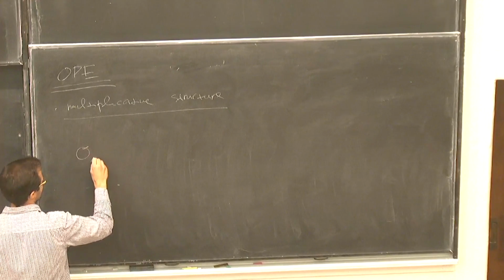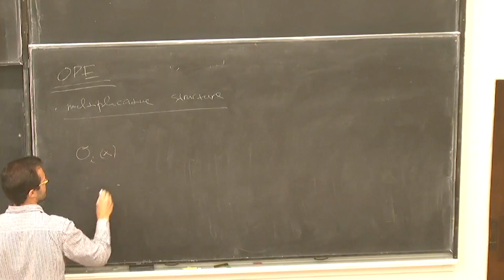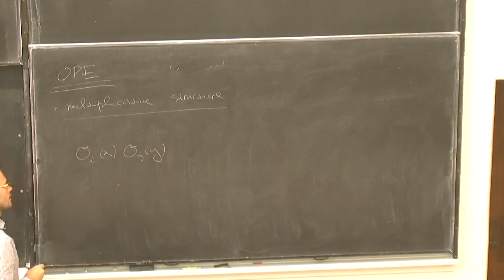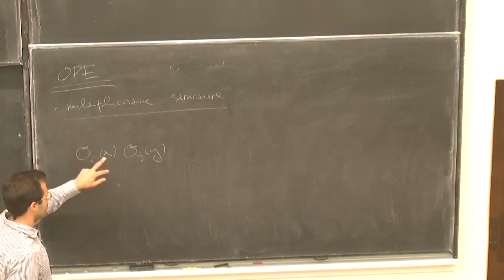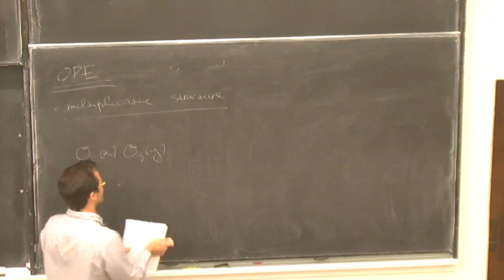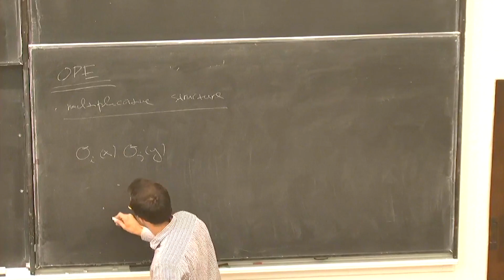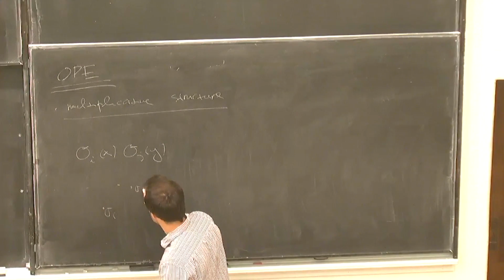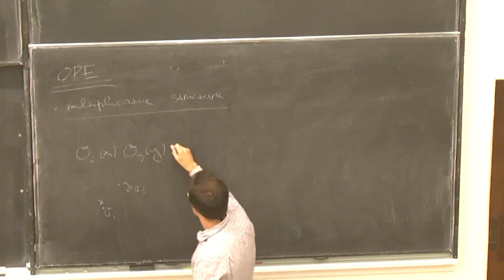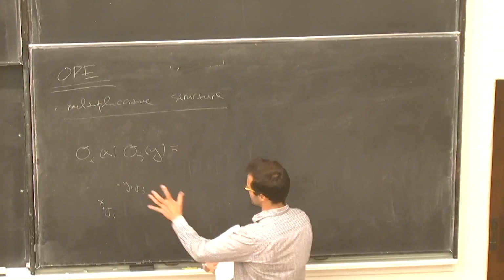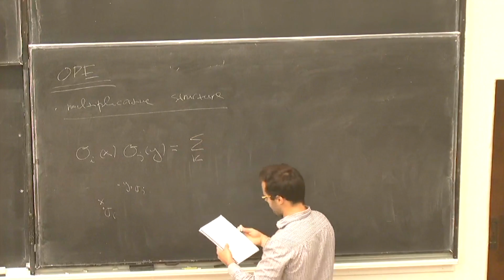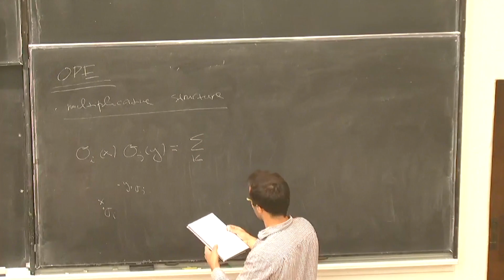So what it is, is a statement that when we have a product of two operators, and let me for simplicity again restrict to primary scalar operators O_i and O_j at two different positions, so we have an O_i here and an O_j here, under certain circumstances, we can replace this product by an infinite sum over primary operators in our theory.